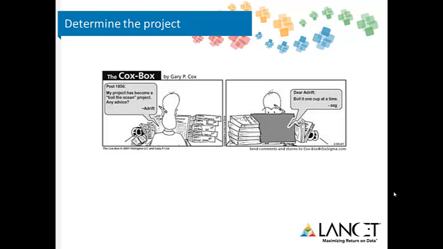But in each scenario, in each sort of ecosystem of that project, you're applying all the good standards for your data quality, so that as things are released, new metrics added into the data warehouse are considered to be certified data. So determine the project and try to make that as concise and relatively small in the beginning as possible, so that you have a really good chance at success.